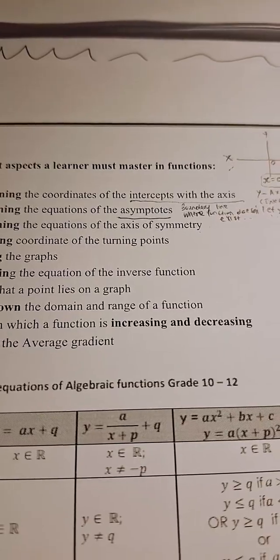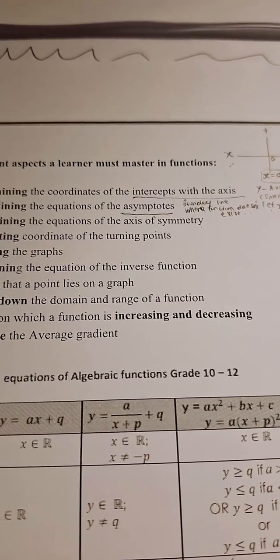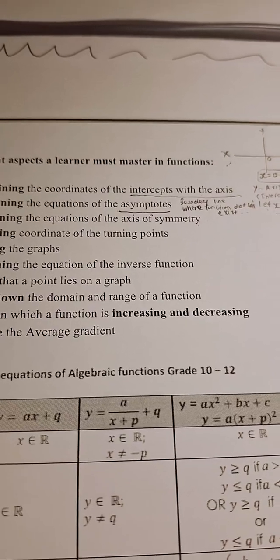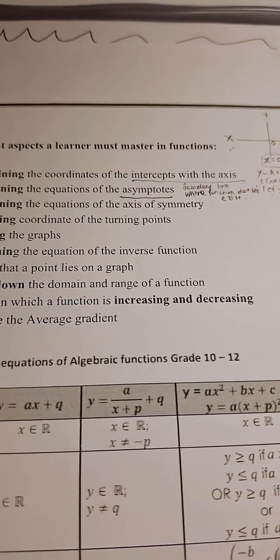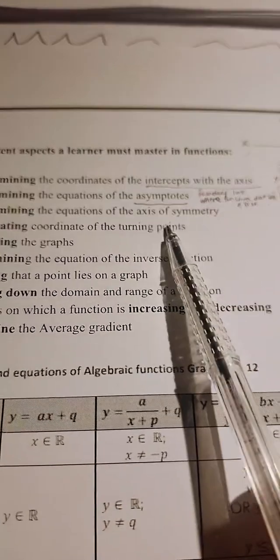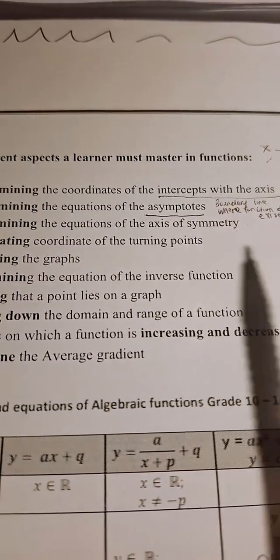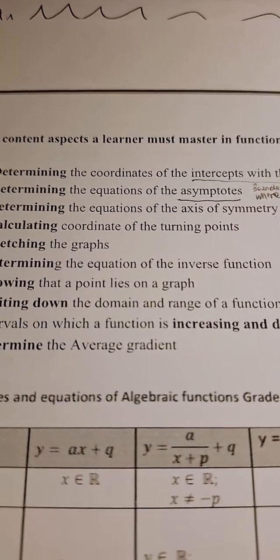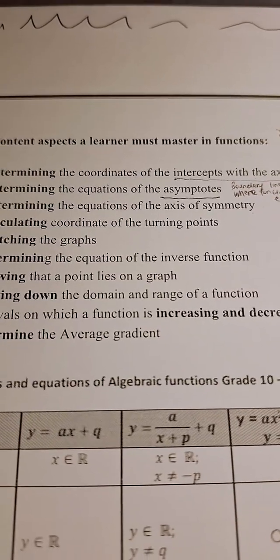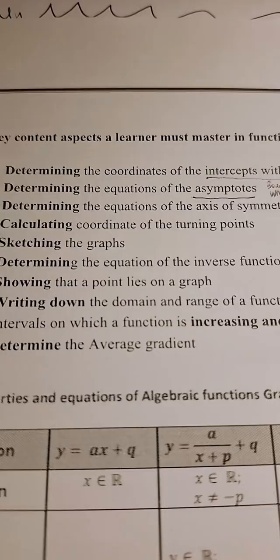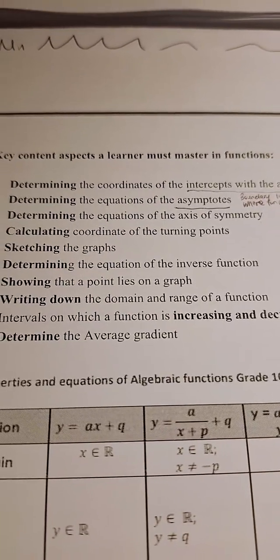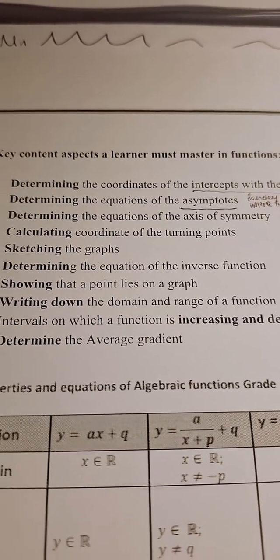It cuts something into half so that you can see a mirror image of the other half on the other side of the line of symmetry. So determine the equations of the axis of symmetry. Which functions do we usually see having an axis of symmetry? Okay, which ones?